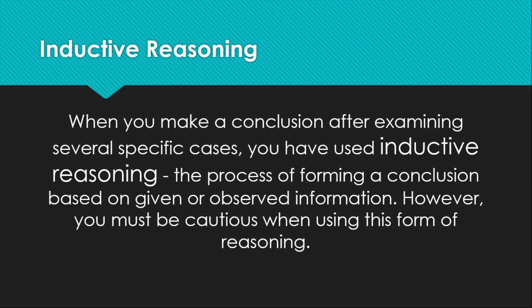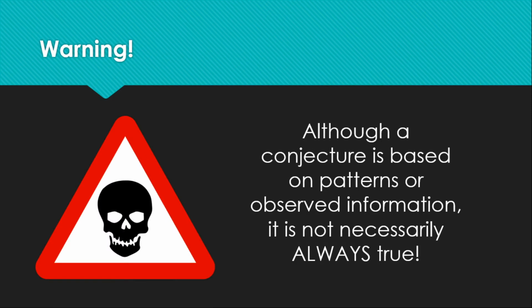This is so true in math, in all the modeling we have. The pattern doesn't imply the future. Although the conjecture is based on an observed pattern, it is not necessarily always true. What could be the problem here?